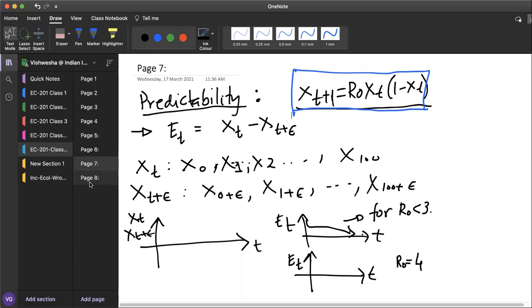That's a great question. So there has been a lot of research on whether chaos really exists in real world populations. So far what I have covered is more on the mathematics side, right?